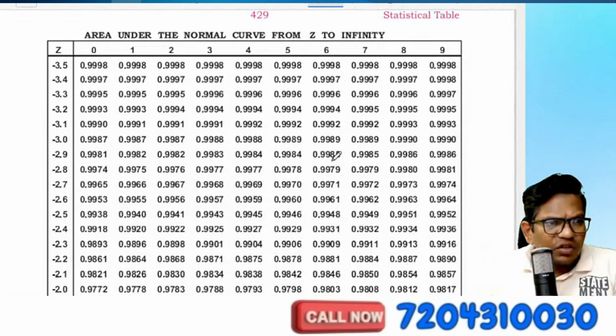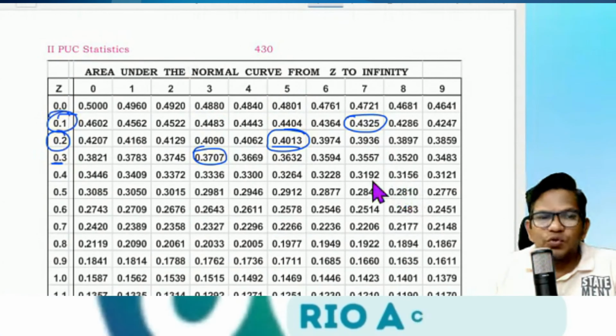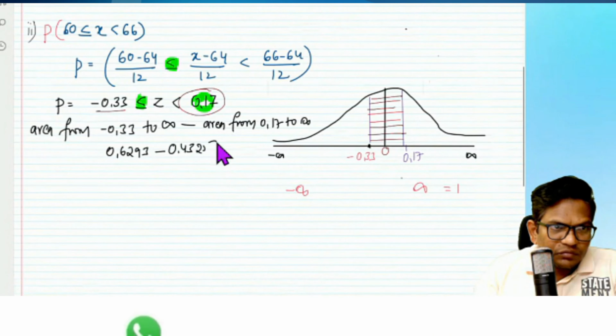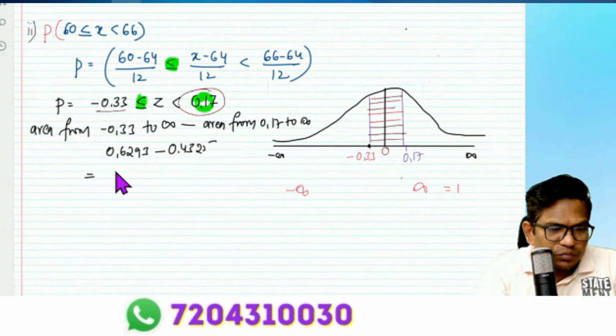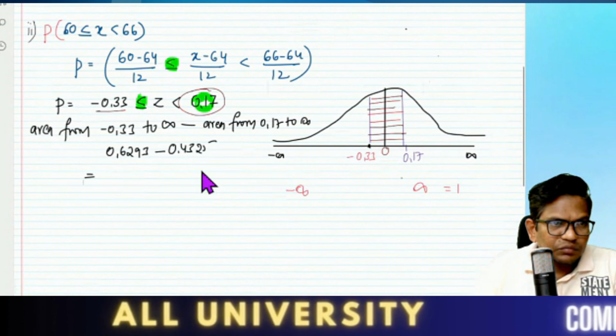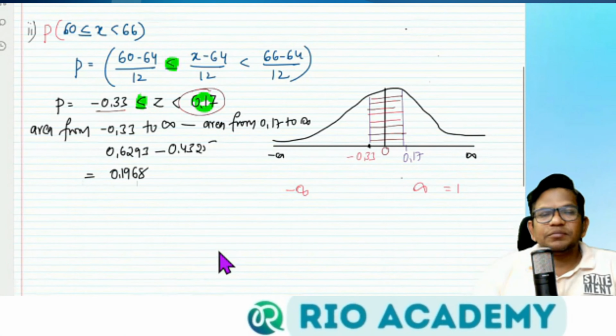This one is 0.6293 minus from 0.17. 17 means a positive number. That is 0.17, and just go down here. 0.4325. So 0.6293 minus 0.4325. Understood?